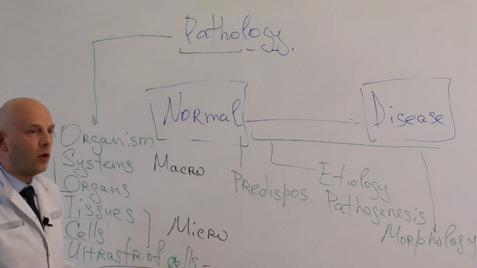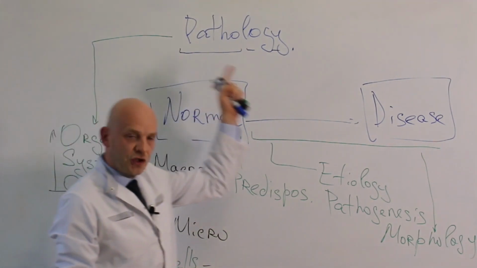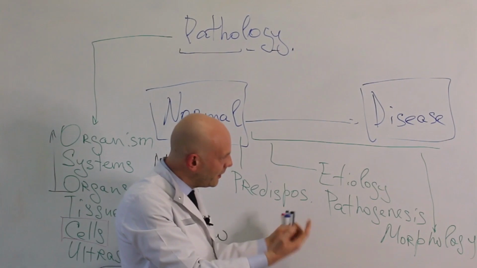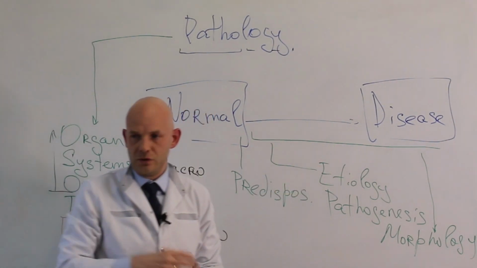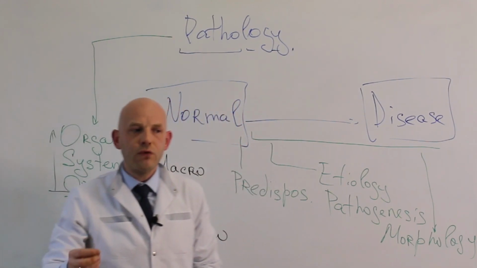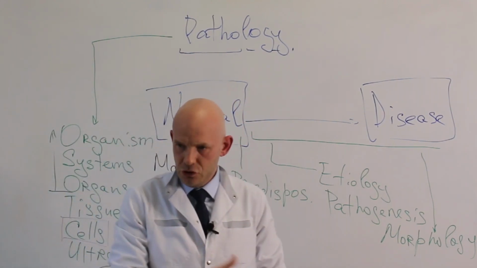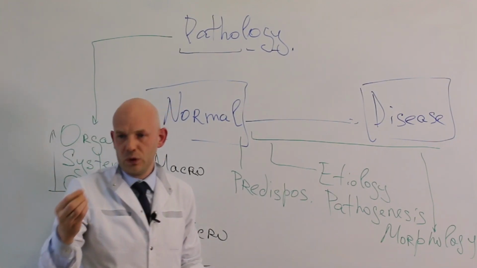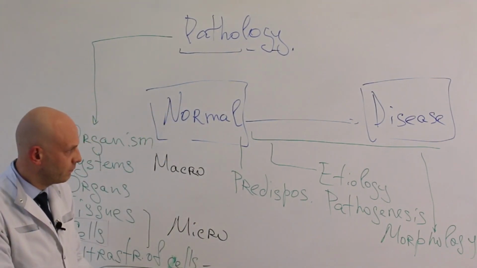Taken all together, pathology as a science includes etiology of the disease, or causes, pathogenesis, the mechanisms, morphogenesis, the morphological changes of the diseases, their complications and possible outcomes.